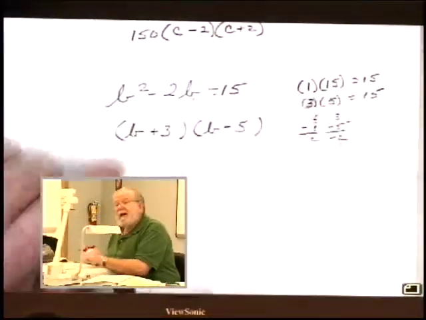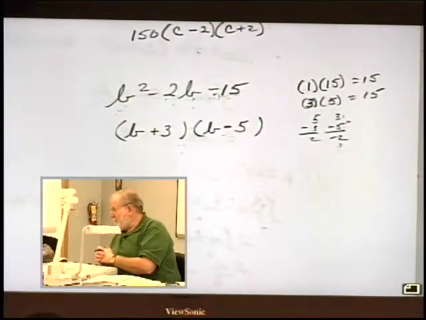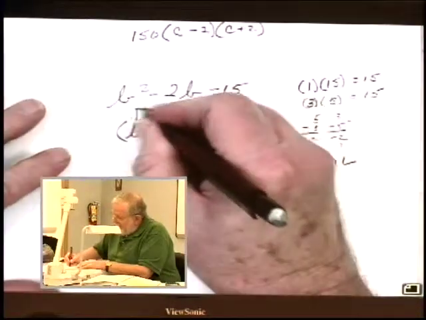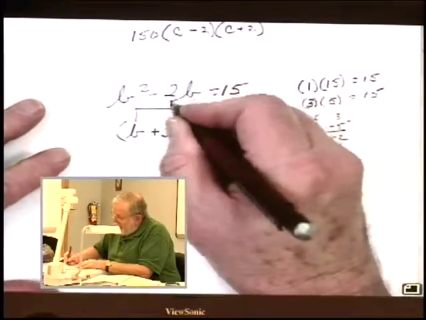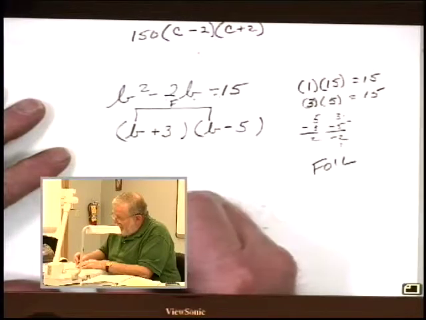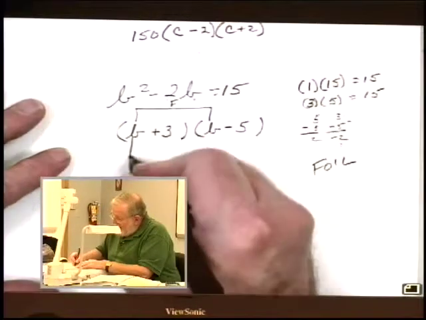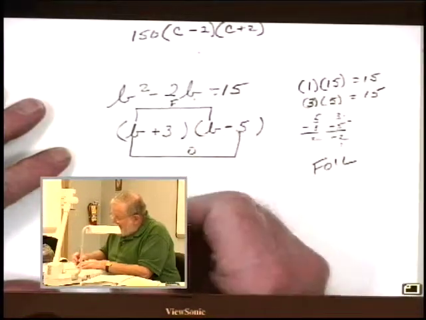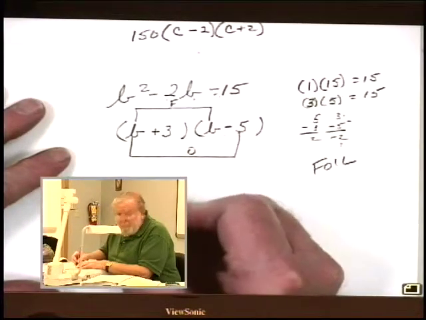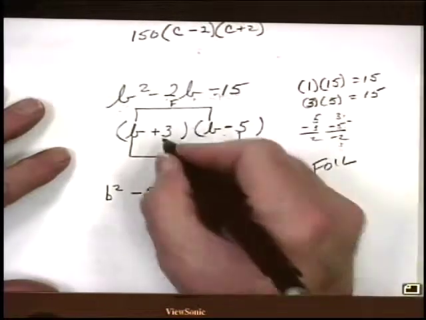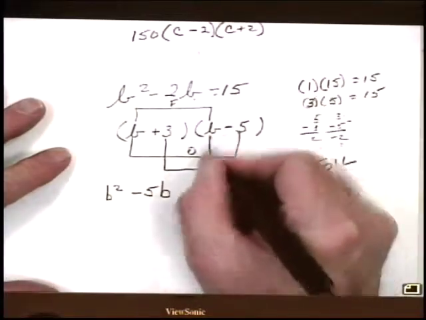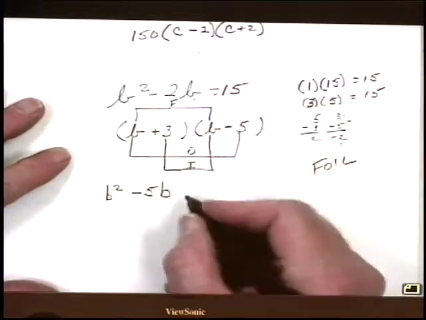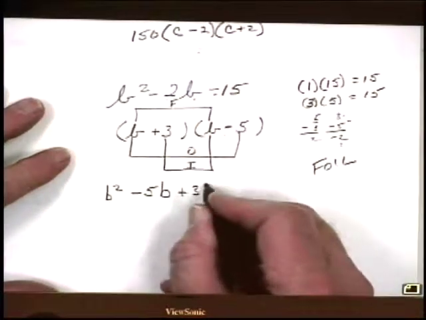So now how do we check that? We check it with FOIL. F-O-I-L. First times first, b times b is b squared. Outside times outside is b times a negative 5, which is a minus 5b. The next is inside times inside, the I in FOIL. 3 times b is a positive 3b.